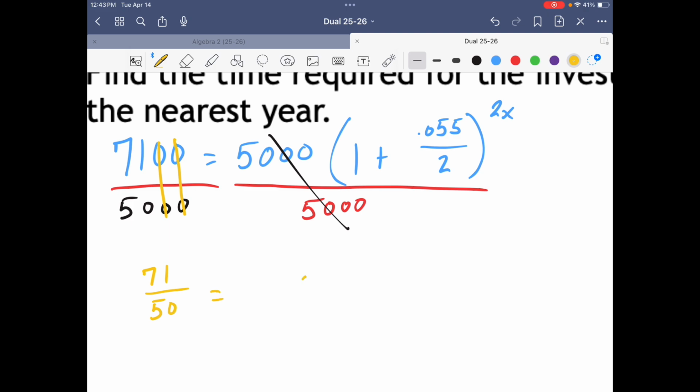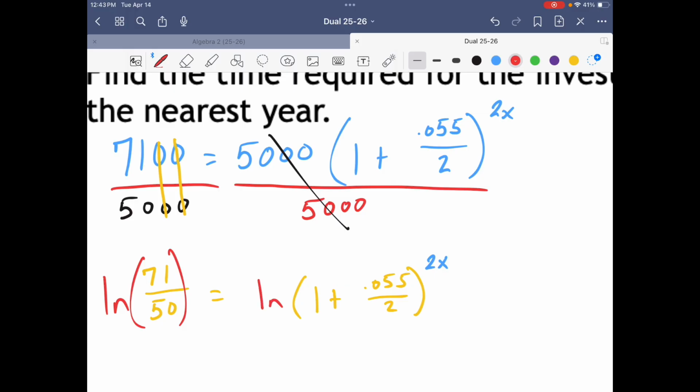Equals (1 + 0.055/2) to the power of 2x. Now I want to bring down the 2x, right? I want to bring it down over there. And we can do that if you take the ln of both sides. So take the ln of that.